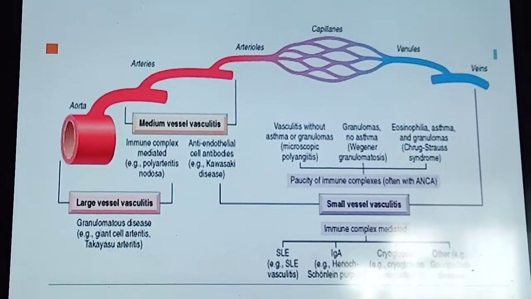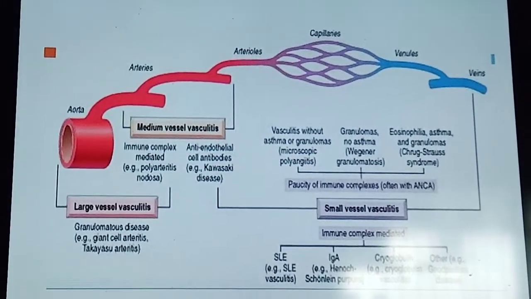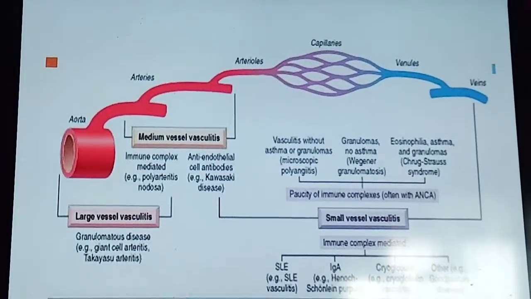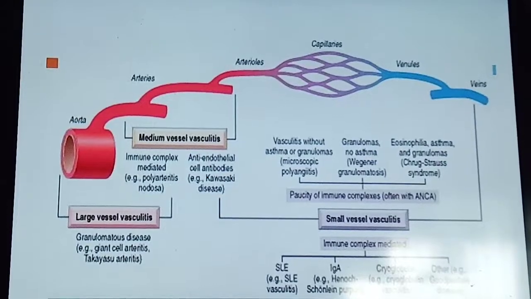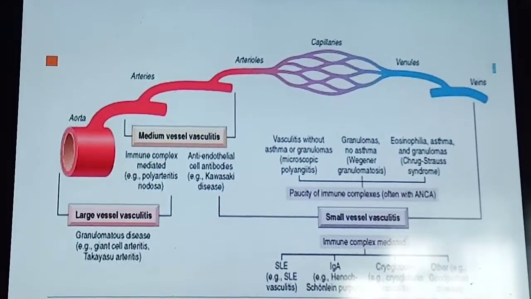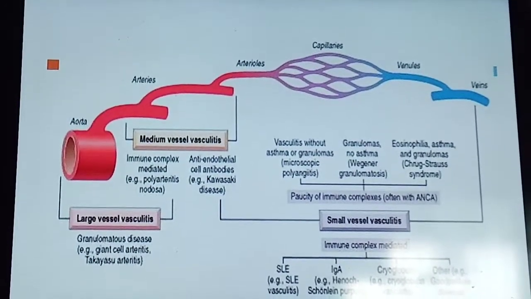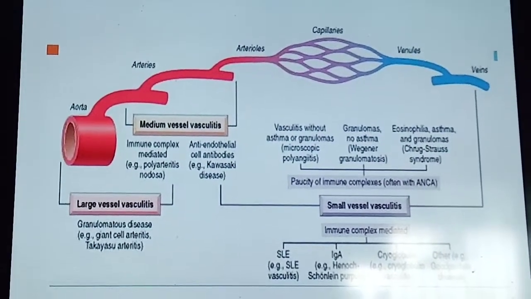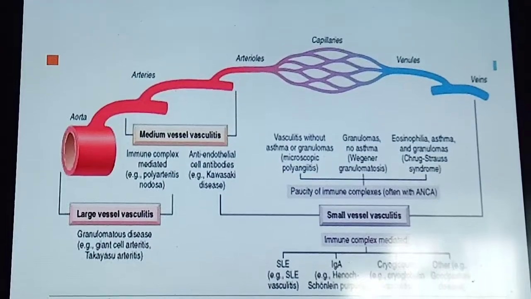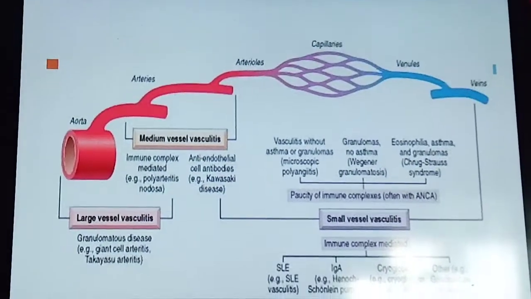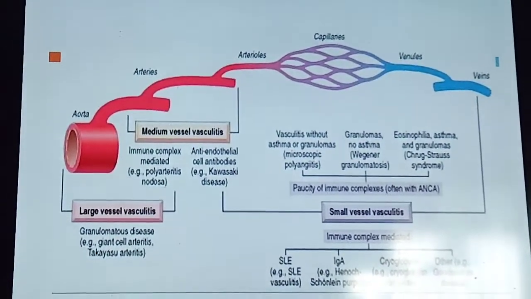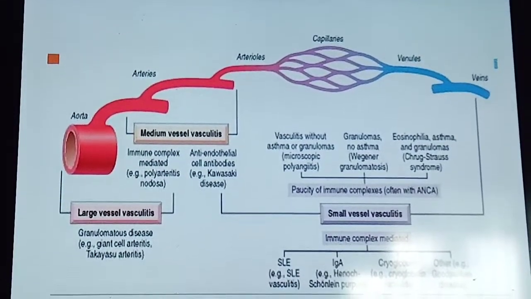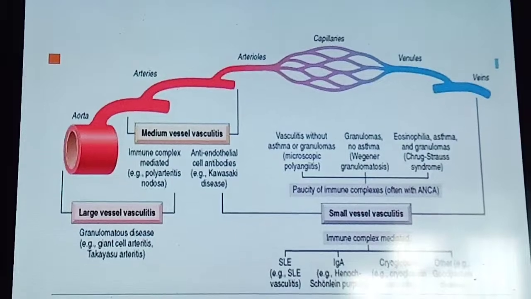In ANCA associated vasculitis, there is vasculitis without asthma or granuloma formation, like microscopic polyangiitis; granuloma but no asthma, like Wegener granulomatosis; and in Churg-Strauss syndrome there is eosinophilia, asthma, and granuloma formation.